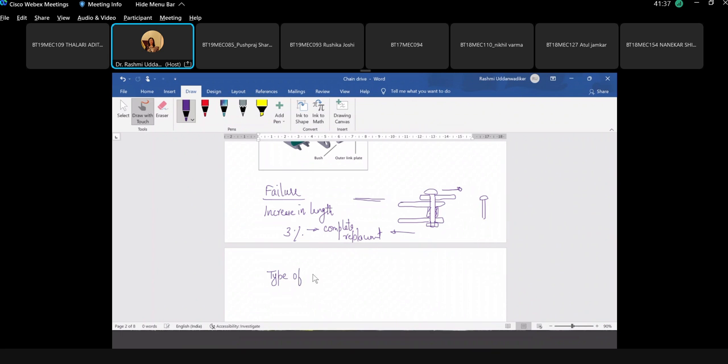So while we are selecting the chain, to estimate its life or the safe design, we have 3 types of lubrication. While you are designing, you also have to mention the type of lubrication. Type 1 lubrication is for low peripheral velocity.